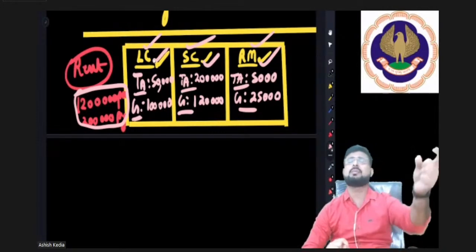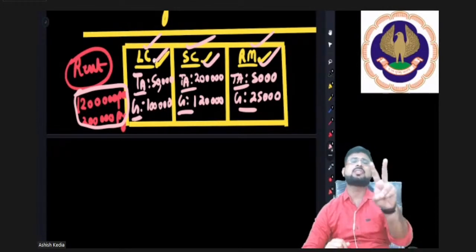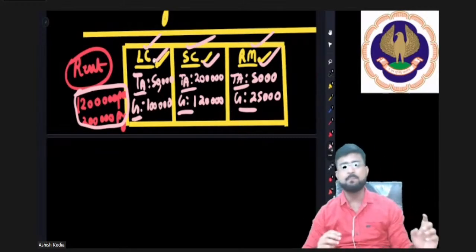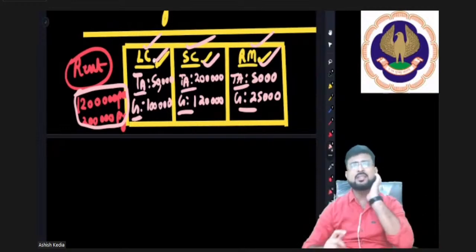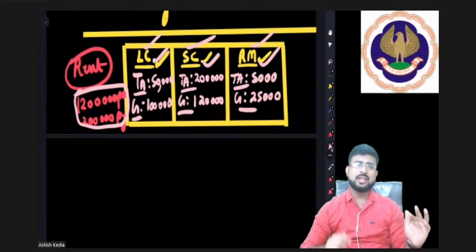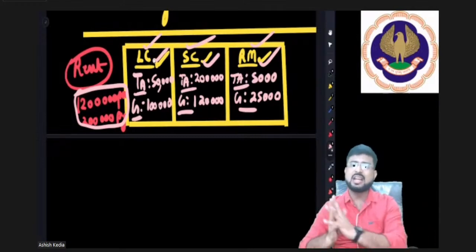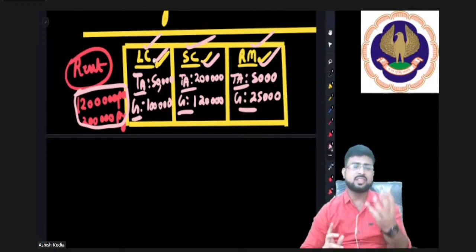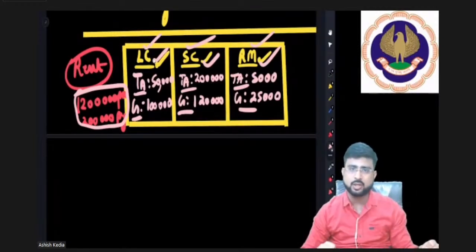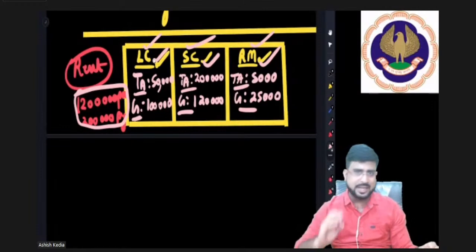Sir, please give some other example. Okay, let's say, my dear friends, you are two siblings, one brother, one sister. Your parents have allotted you a common room. Now let's say your sister is in class 6, she's smaller than you, and you are pursuing your CA foundation.